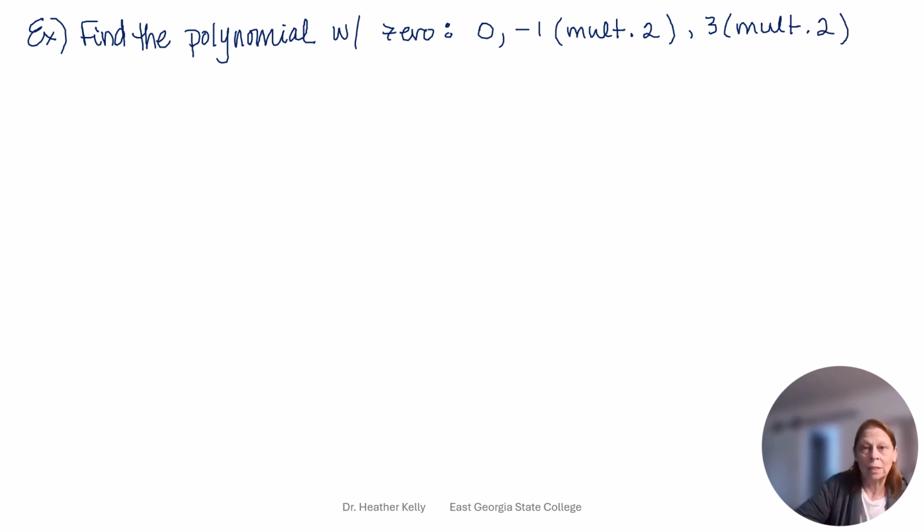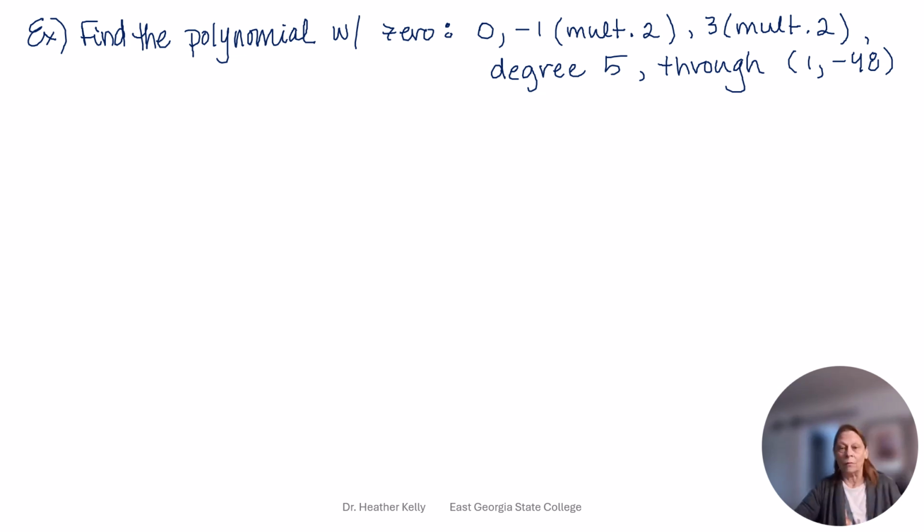It's also going to tell us that it is going to be degree 5 and through a specific point, (1, -48).